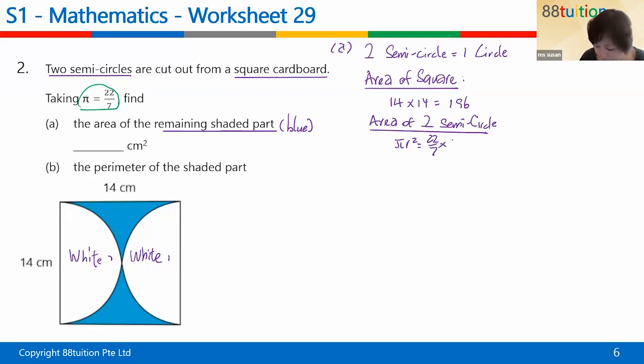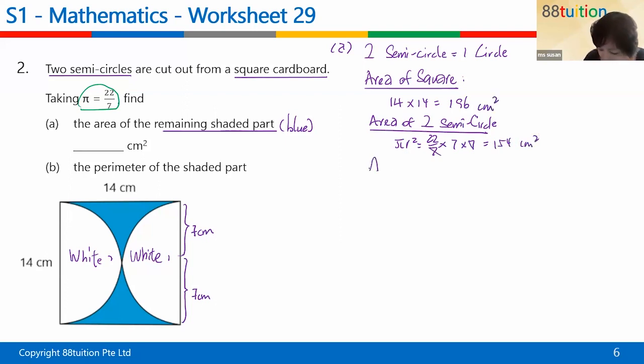R was given as 7. So the radius will be 7 also. So pi r squared, reduce it to the simplest form, you will get 154 cm squared for this.